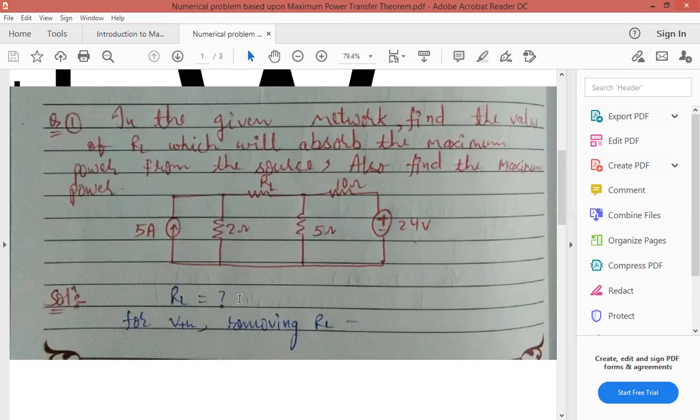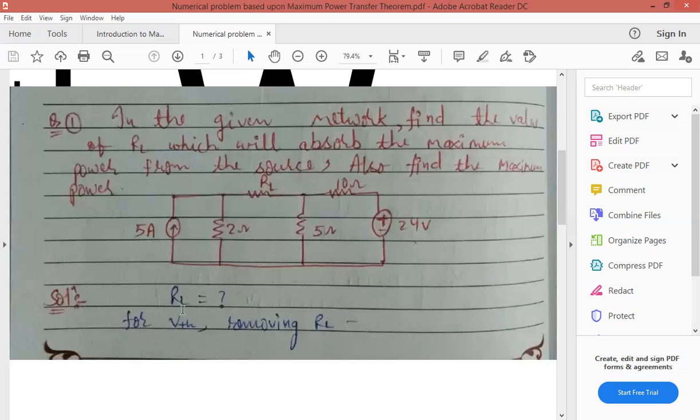That's why when we get the value of RTH, then we can find the value of RL. For RTH calculation, we have to find the value of VTH also.